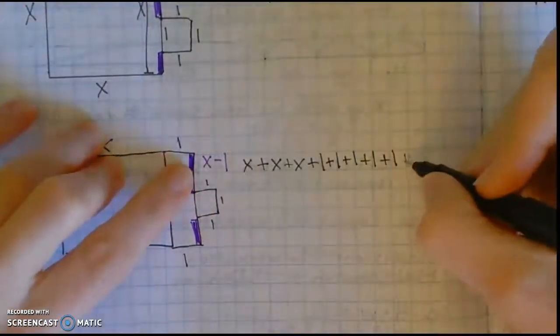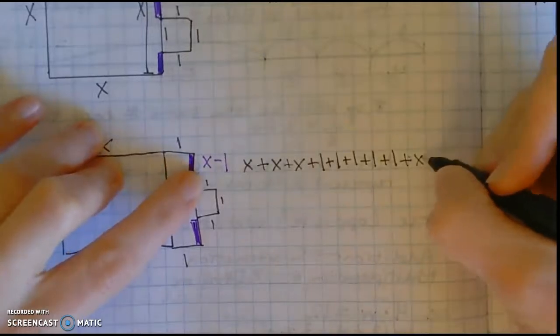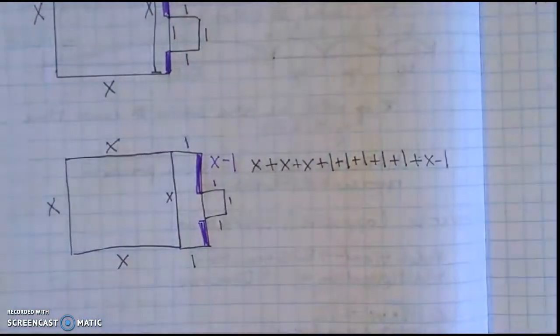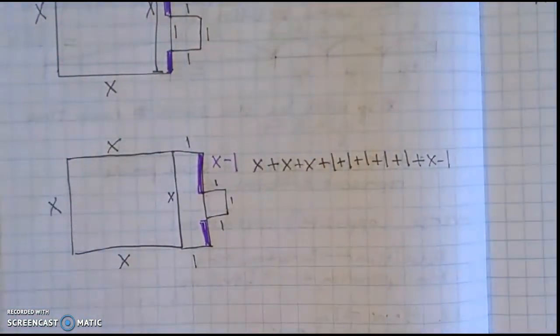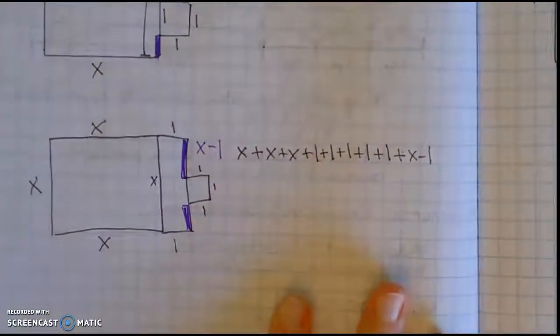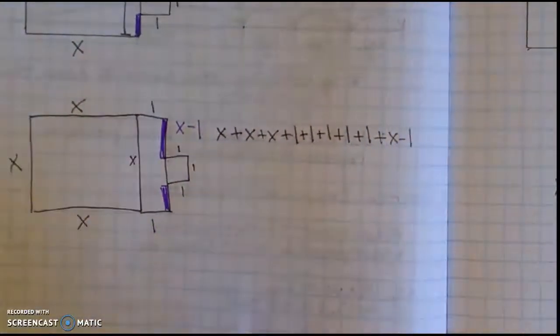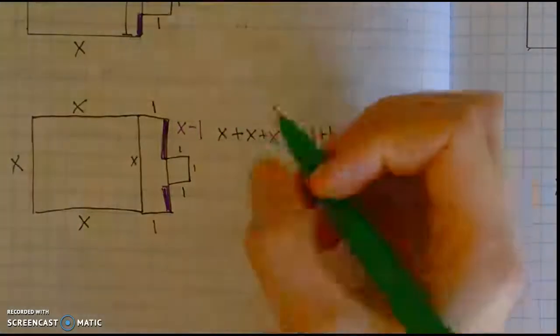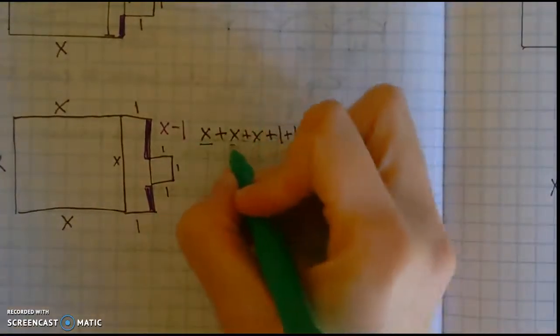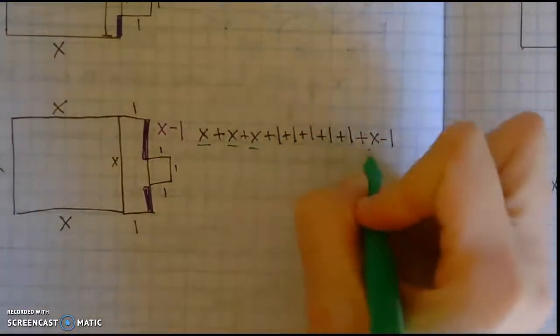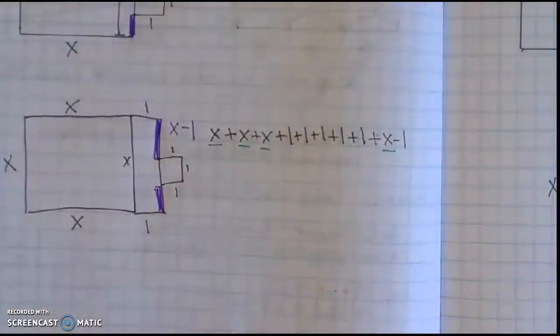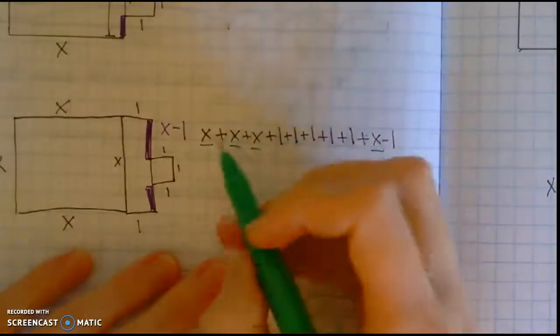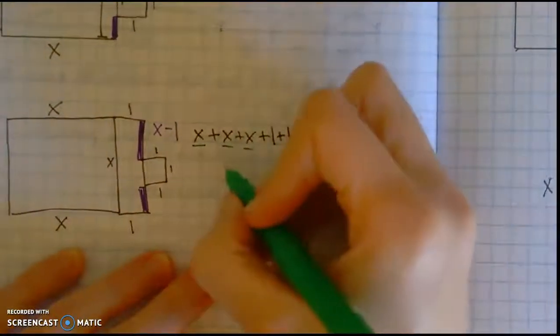Now I'm going to add that x minus 1 plus x minus 1. Okay, again, really long, and I need to do some combining. So I'm going to take my pens again, get that green out, and underline all of my x's. x, x, x, x. And all of those are adding, so I have 1, 2, 3, 4 x's.